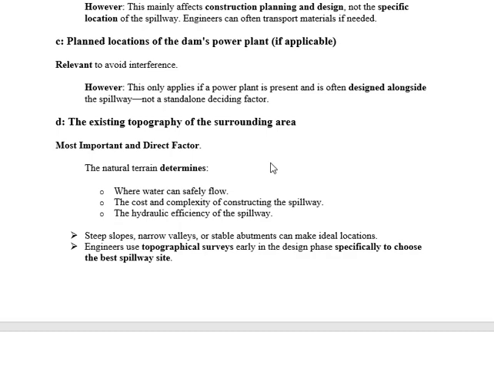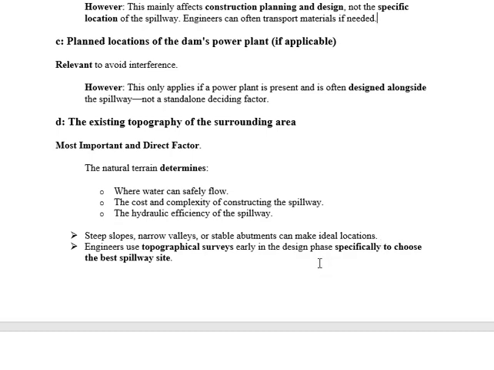Favorable topographical features such as steep, stable valleys or natural channels are considered ideal locations for finding a suitable location for a spillway.